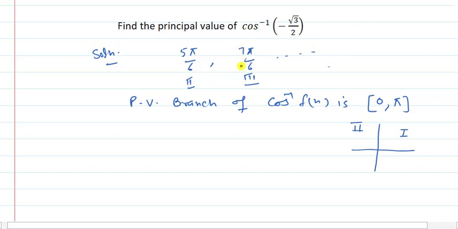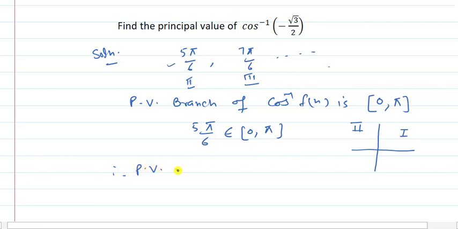So we have to leave all other angles which are not lying in this range, meaning 0 to pi, the first and second quadrants. So clearly the angle 5 pi upon 6 is lying between 0 and pi, or we can say 5 pi upon 6 belongs to the interval 0 to pi, the principal value branch of the cos inverse function.